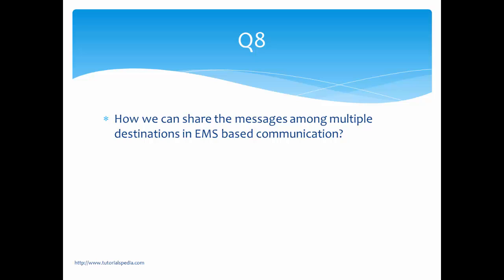Another question that can be related to this is, let's suppose you have an EMS server. The messages that are sent to one EMS server, you have another EMS server set up in your organization. You want those messages to be sent to that EMS server as well. So in that type of situation, how can you do this? Whenever you have multiple EMS servers, you cannot bridge.